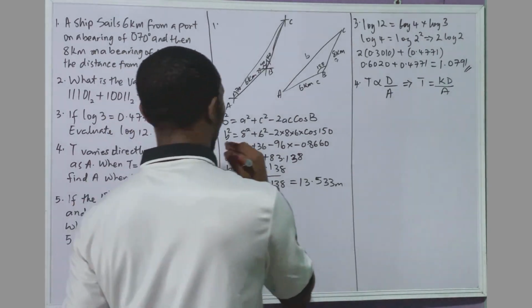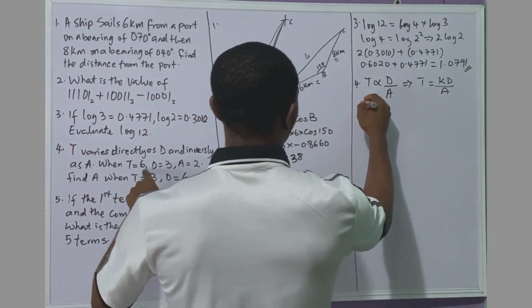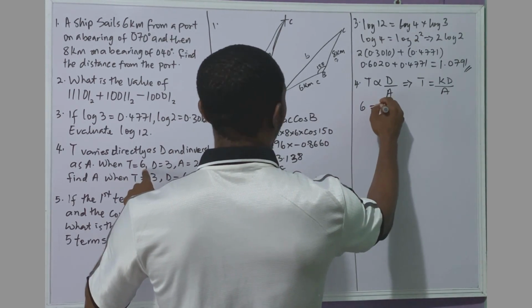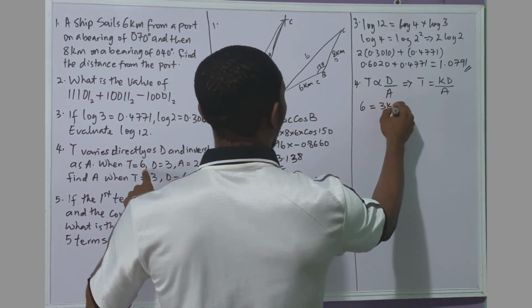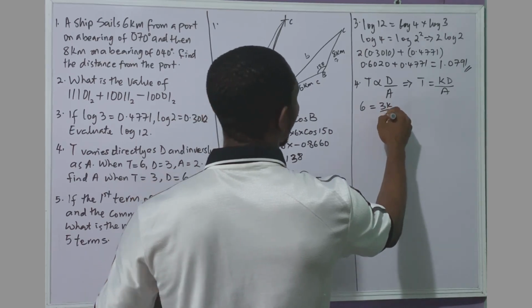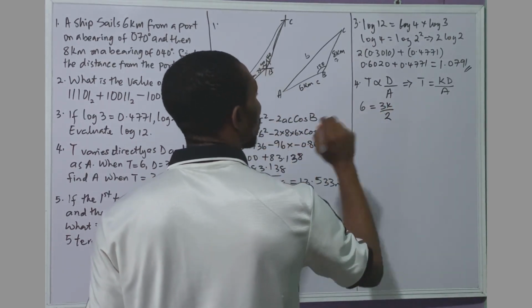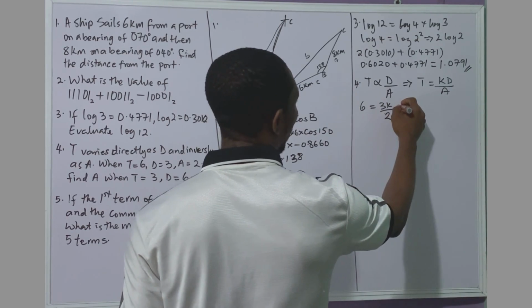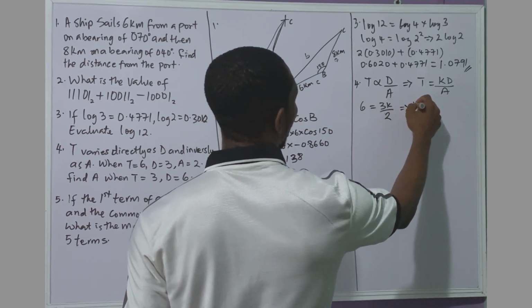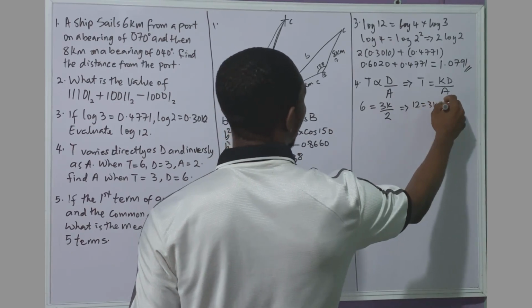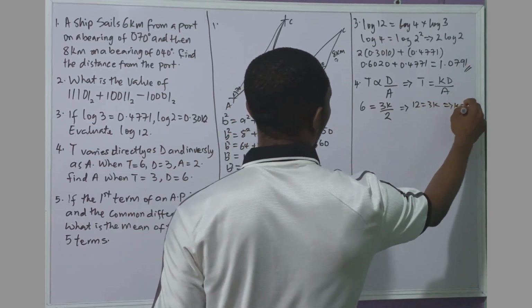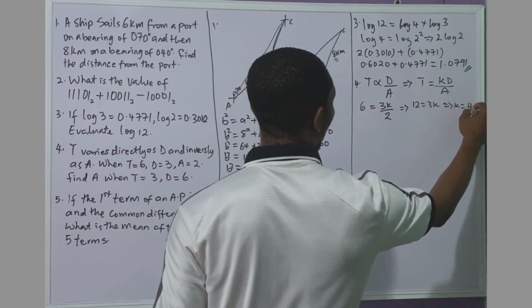So here, when t is 6, this becomes 6 equals 3k over 2. Cross multiply, this gives us 12 equals 3k. So therefore, k equals 12 over 3, which is 4.